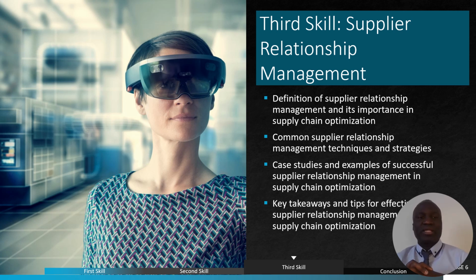Participants will learn how to identify key suppliers, set clear expectations, and establish metrics to measure supplier performance. By the end of the session, you will understand the importance of strong supplier relationships in achieving supply chain optimization, and you will be equipped with practical tools and techniques to manage supplier relationships effectively.